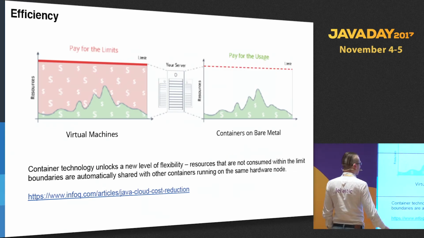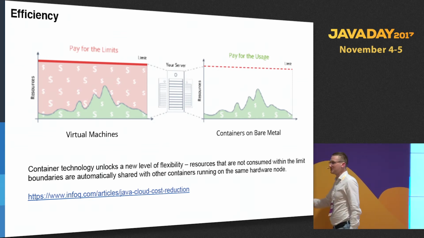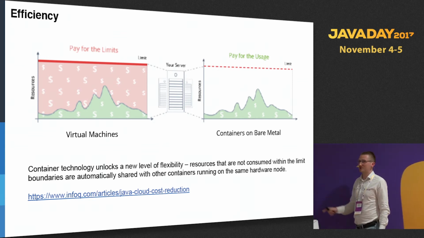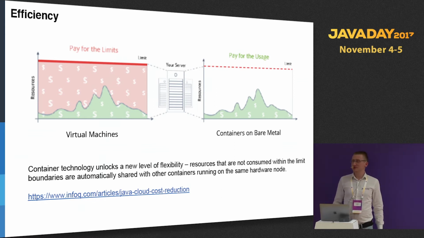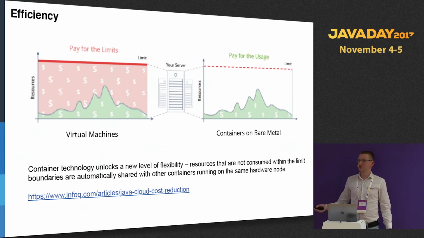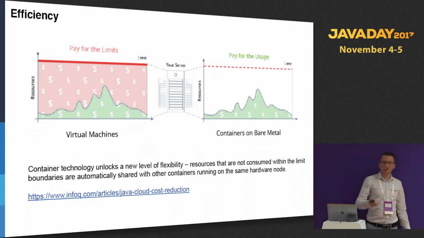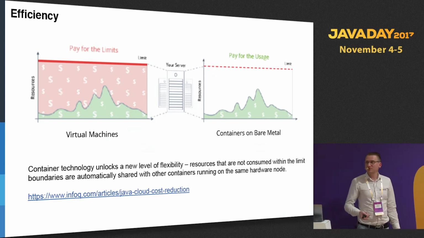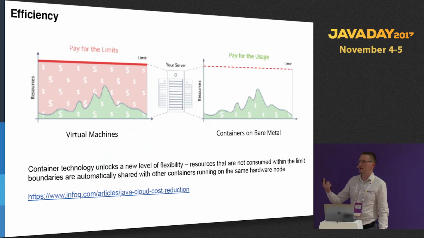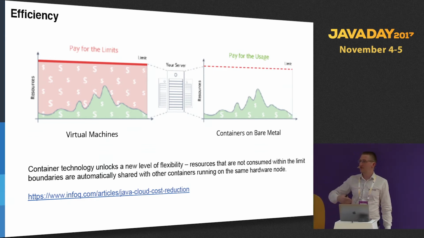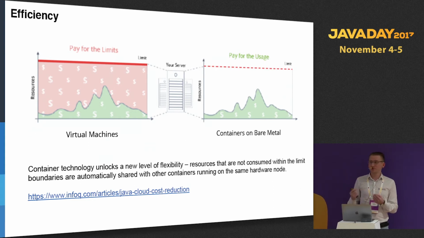About cost, the business side should be happy about containers. Why should we pay for resources that we never use? You buy a virtual machine with, say, 10 or 20 gigs of RAM, and your application uses only 1 gig, so you're paying for resources you never used. With a container working with limits, you pay only for the used resources.